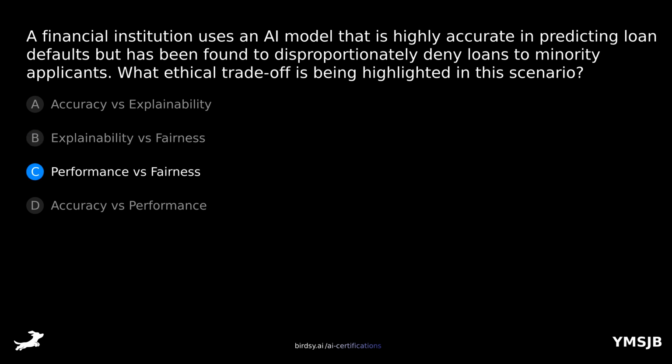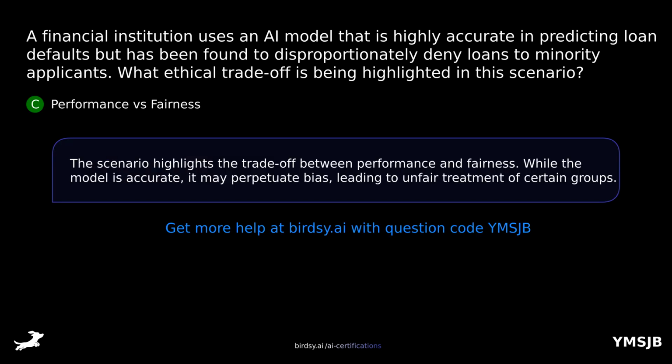C, performance versus fairness? Or D, accuracy versus performance? The answer is C, performance versus fairness. The scenario highlights the trade-off between performance and fairness. While the model is accurate, it may perpetuate bias, leading to unfair treatment of certain groups.